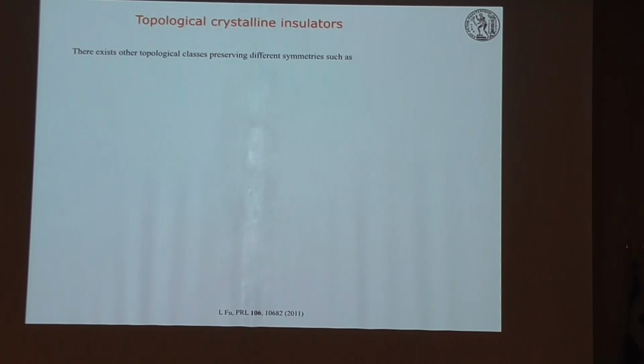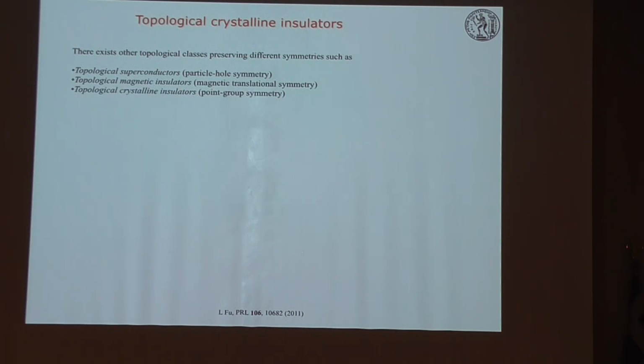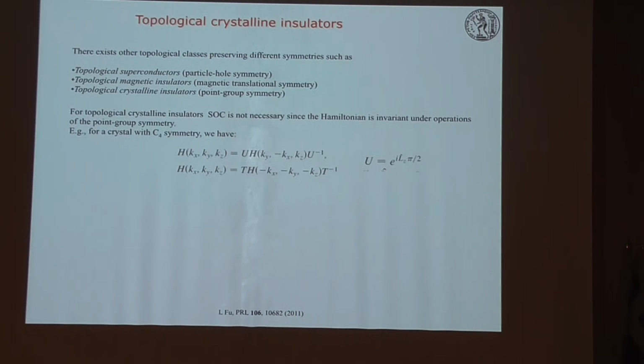So it all first started with topological insulators in terms of systems with spin-orbit coupling, but then as years go by, other types of topological solids came to surface, such as topological superconductors, topological magnetic insulators, and topological crystalline insulators, and I will focus on that.